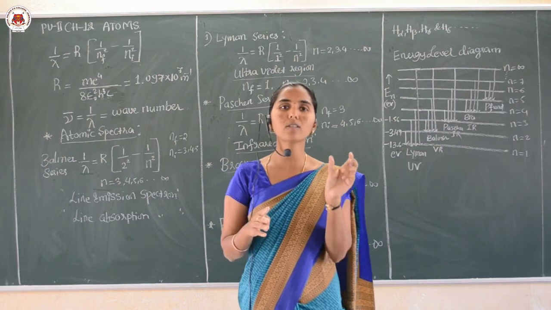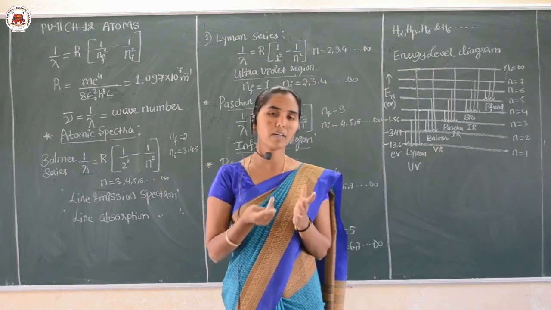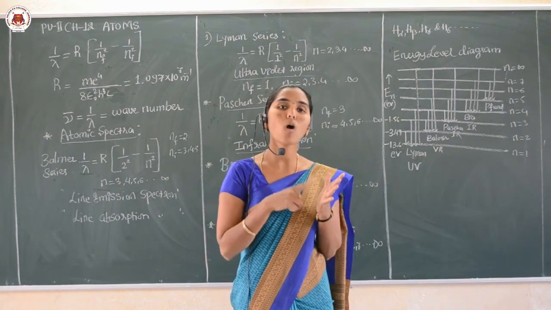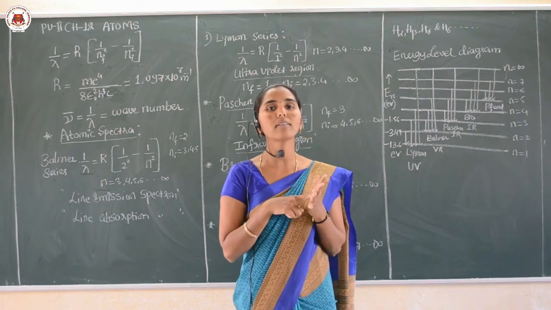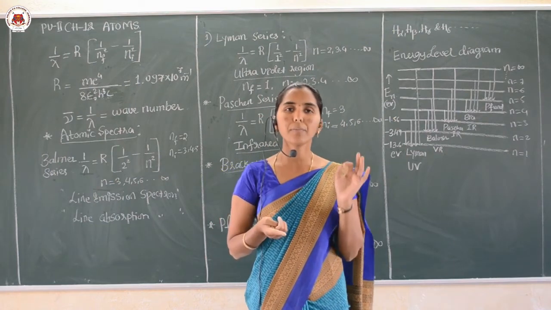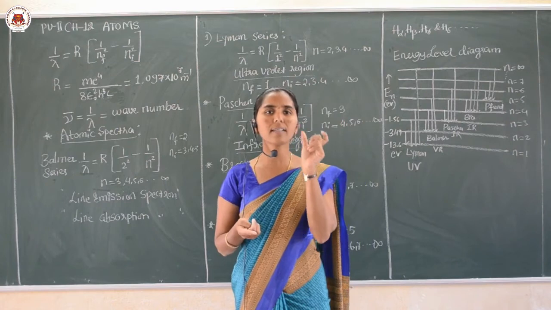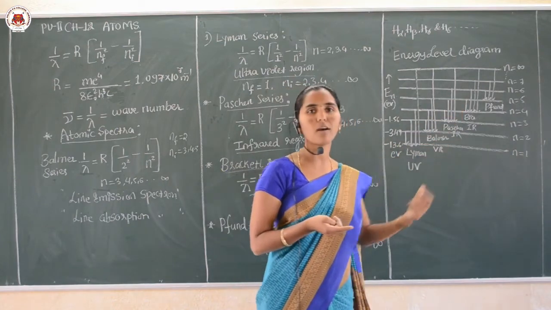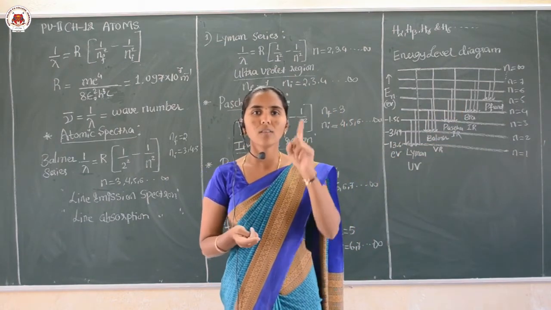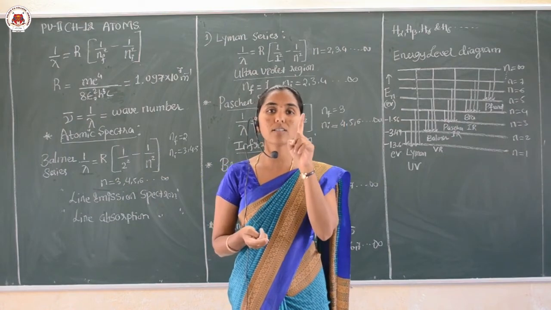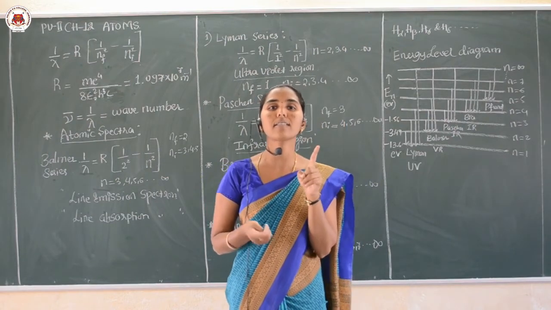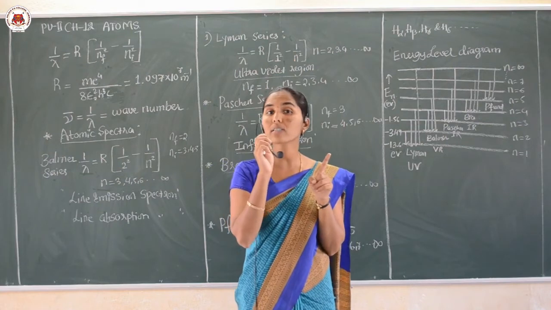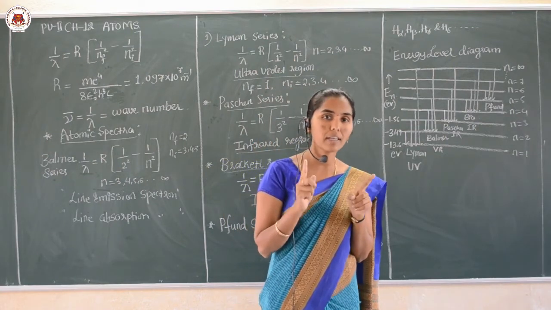There they will ask you to find the shortest frequency or the longest frequency. Remember, in any series out of these 5, the first spectral line in the series will have the longest wavelength. Am I clear dear student?